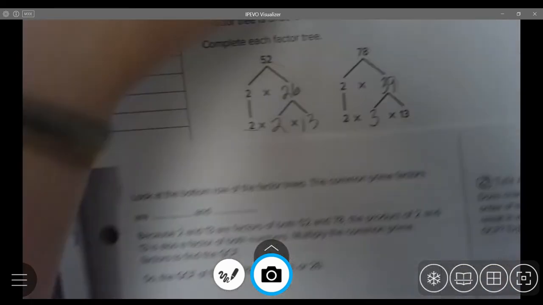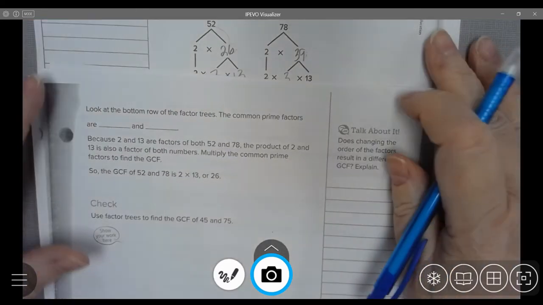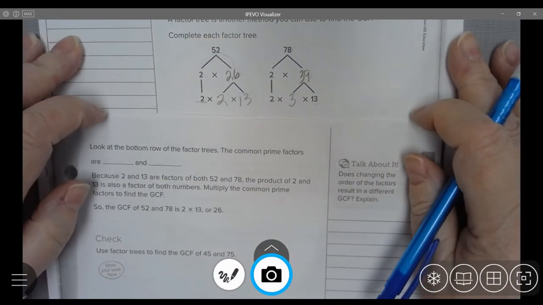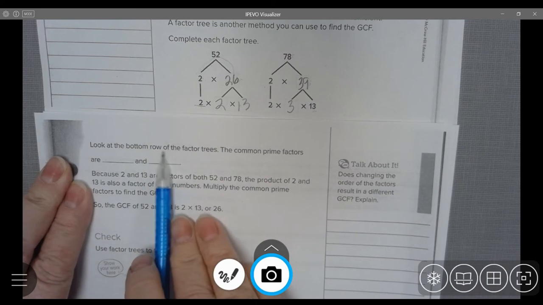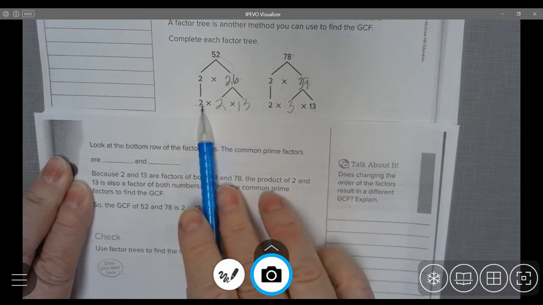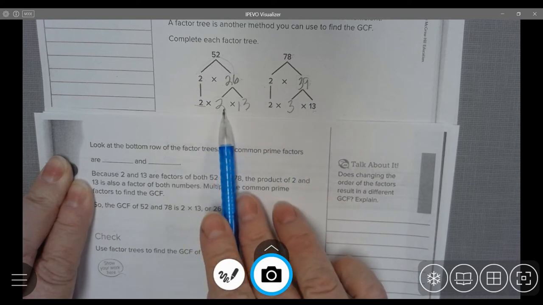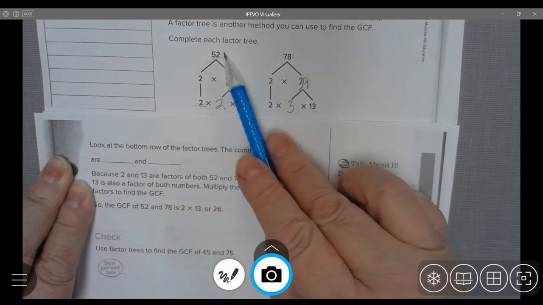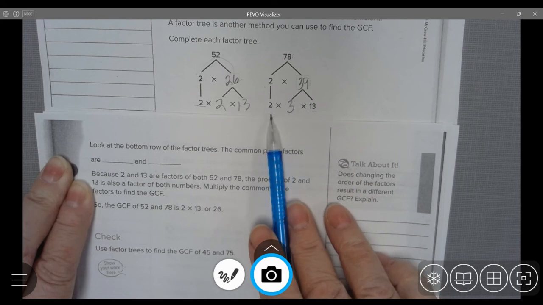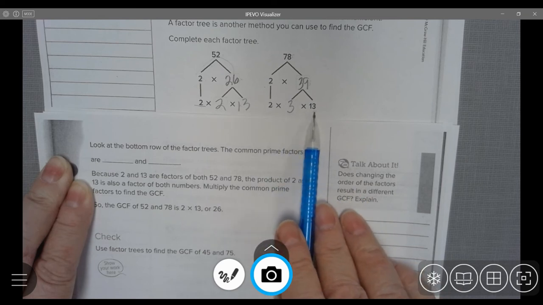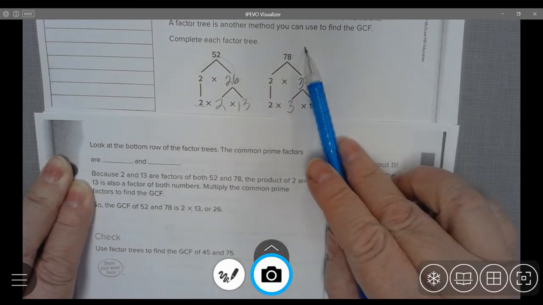So here's my bottom row. So here it says, look at the bottom row of the factor tree. So here's our bottom row of the factor tree. We have 2 times 2 times 13 equals 52. We have 2 times 3 times 13 equals 78.